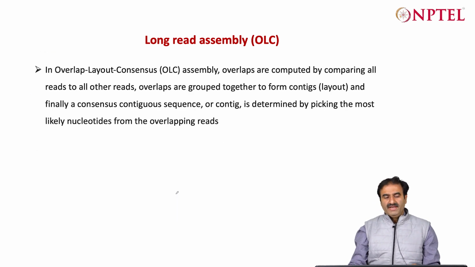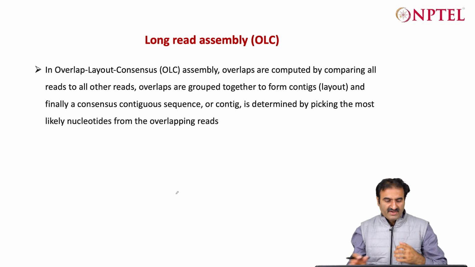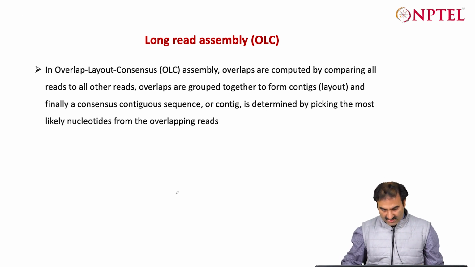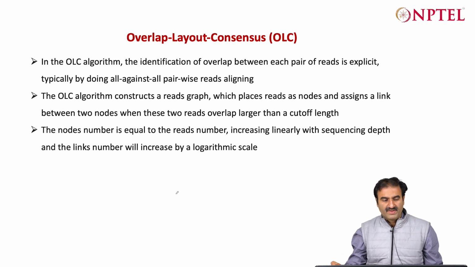In OLC, overlaps are computed by comparing all reads to all reads, as I mentioned, using some alignment approach, and those showing a good overlap are connected together and form contigs, which are then extended further to build a highly contiguous sequence.